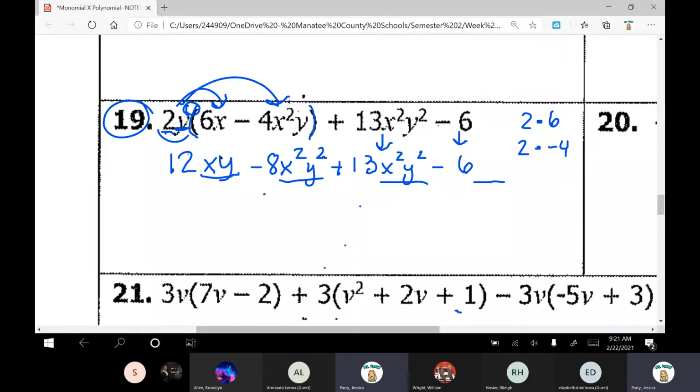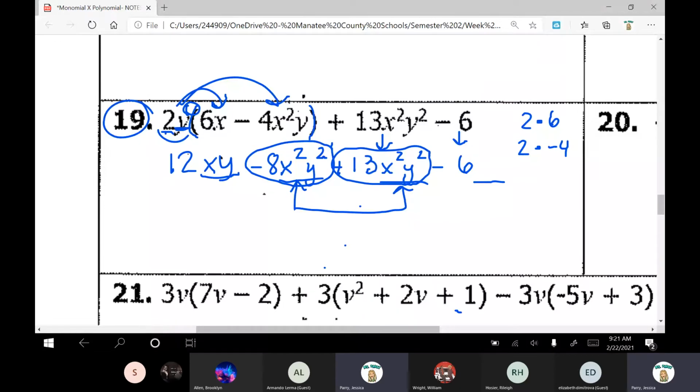Okay, so looking at this one and this one, these two are the only ones that are in the same exact family. They've got the same variables, same exponents, the x squared, y squared. Where this one here, it's just xy. There's no squared for both of those variables. So that one we cannot combine with it. So let's first do our -8 and then plus 13.